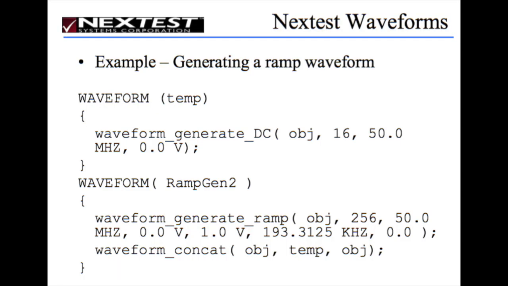So you basically concatenate the DC and the ramp wave. You generate the DC, you generate the ramp, and then you do a waveform concatenate object, temp, and object. So there we go. We concatenated the ramp with the DC offset, and that takes care of that big overshoot problem you have when you go from a ramp straight down. You got a lot of stuff down there. You need something to smooth it out, and so you wait for a while. So that's how you do it.